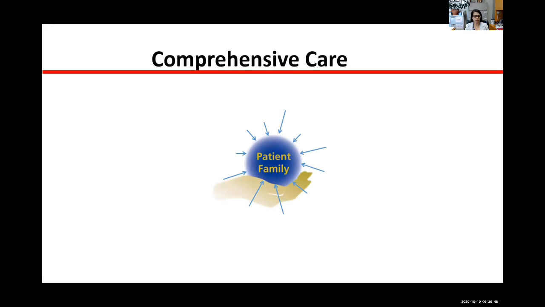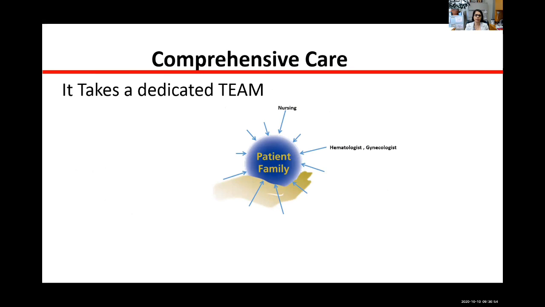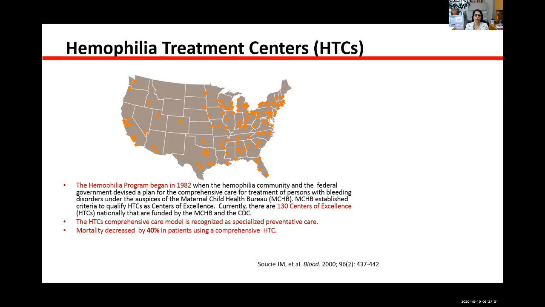In 2020, individuals with rare disorders such as afibrinogenemia should be cared for by a dedicated team, and these individuals are part of a hemophilia treatment center. And these HTCs were established in the early 1980s through the Maternal Child Health Bureau and the CDC.